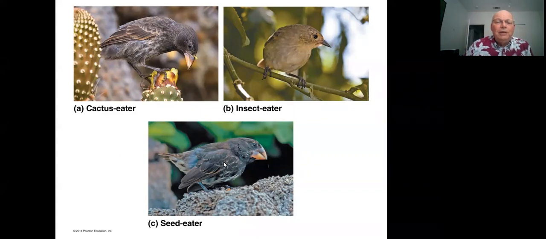And as he considered what he had seen, he realized that the obvious location for those finches in terms of origin was South America, which is only about 600 miles away. Yes, it's over open ocean, but it would be possible for strong storms to carry the birds across that ocean, and that's actually been documented.